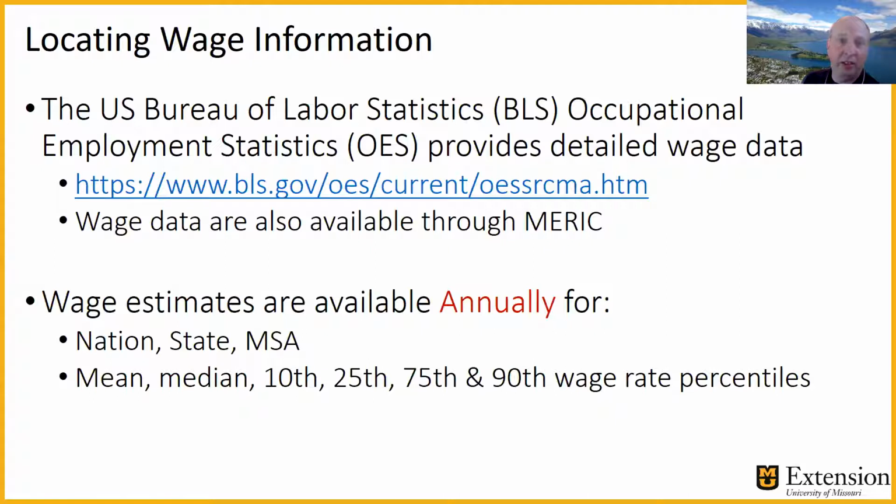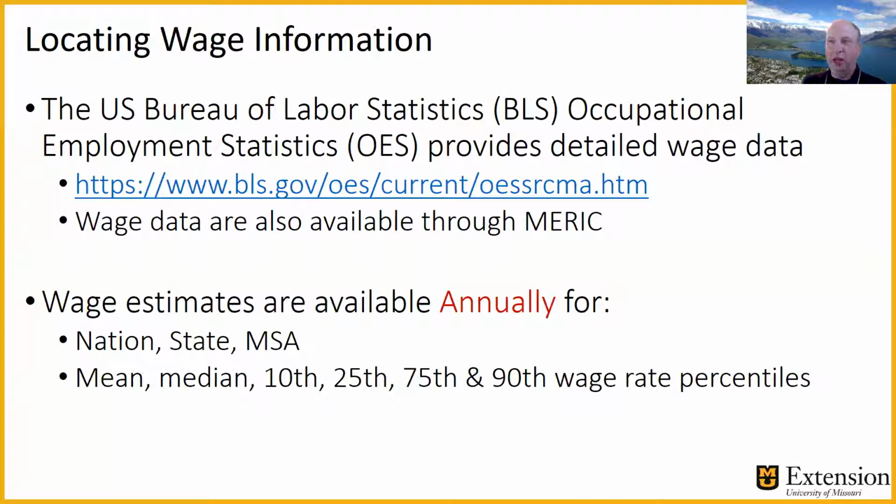The folks at the state labor market information agencies basically call a sample of companies from around the state and in different industries and ask them about the pay for different types of occupations in their particular firm. The wage estimates through the OES are available annually, so it's like only once a year, and we can get information for nation, state, MSAs, and then also for more rural areas, kind of some broad regions.